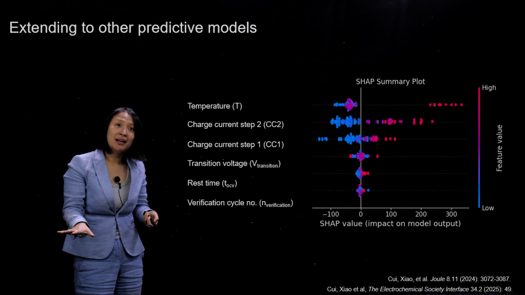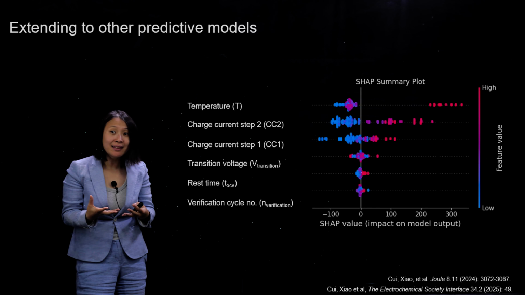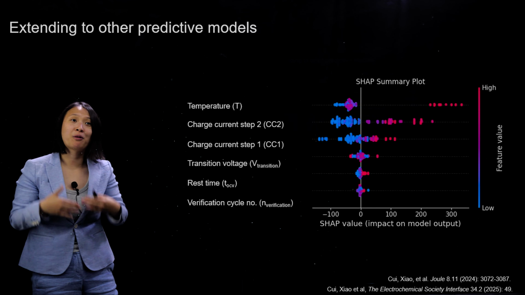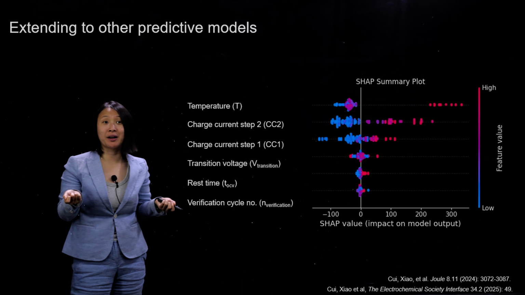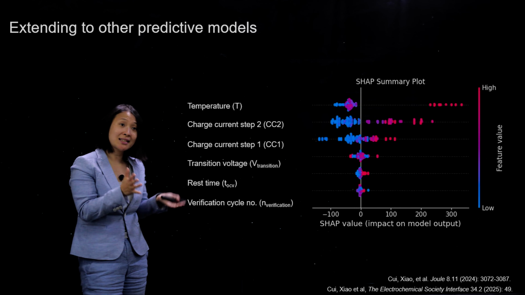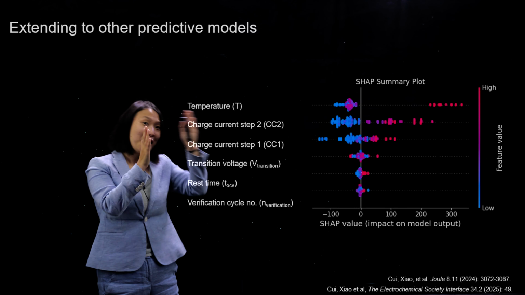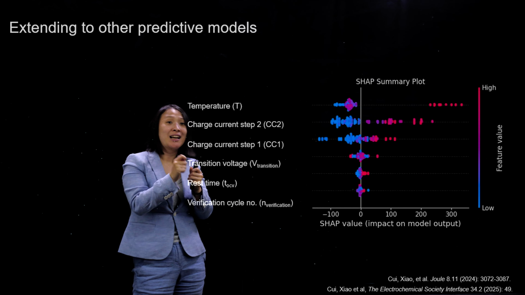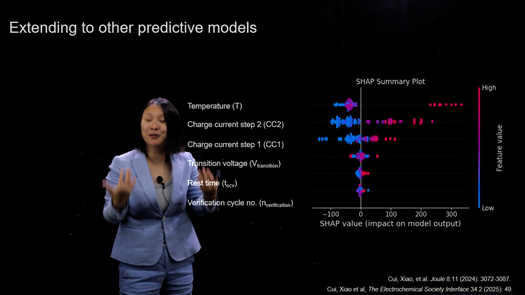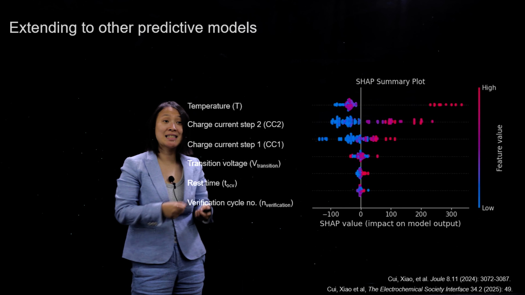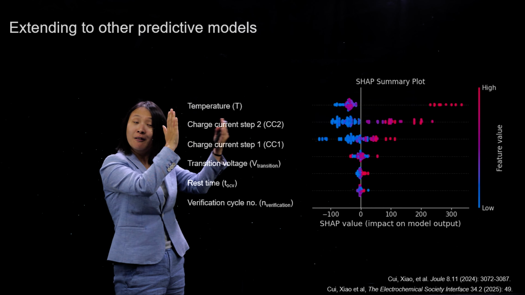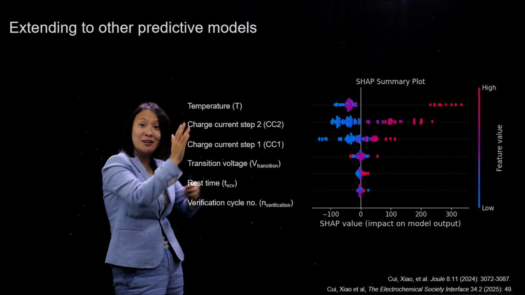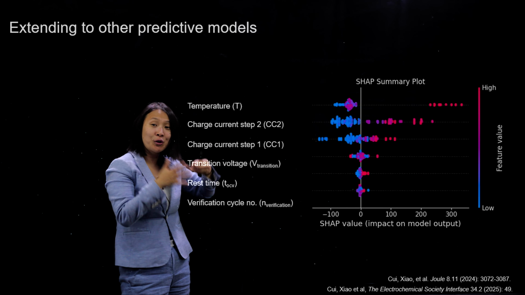With this in mind, we can also expand similar ideas of performing SHAP analysis to different kinds of battery lifetime prediction models. In this case, instead of the feature matrix, we can simply build a protocol model. The input of our machine learning model can be simply the formation parameters. So these are the knobs we can tune during the formation.